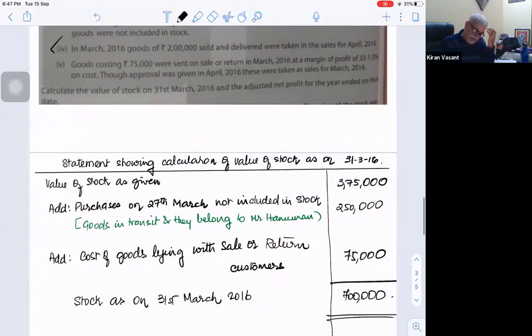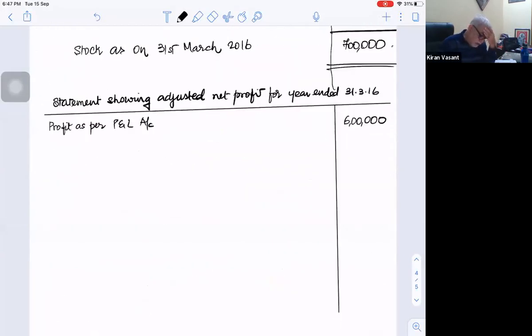Now we will say add: purchase of electrical fittings.